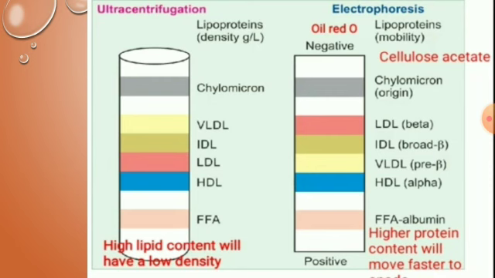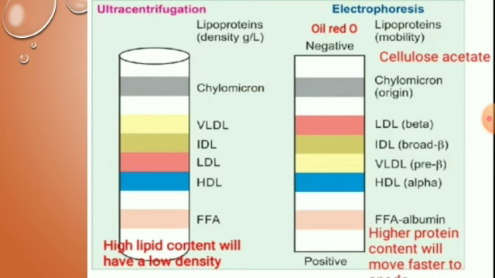High lipid content means low density. That means chylomicrons have high lipid content and low protein concentration, that's why they have low density. And the free fatty acid albumin has high density and low lipid content.